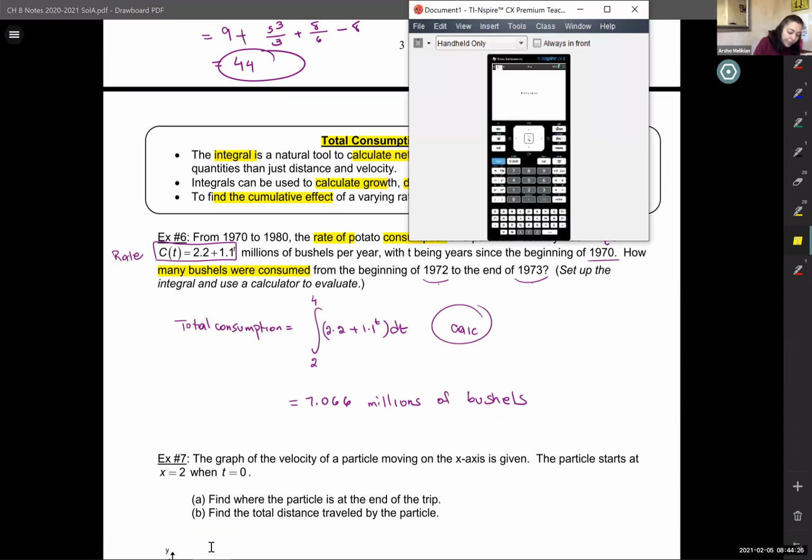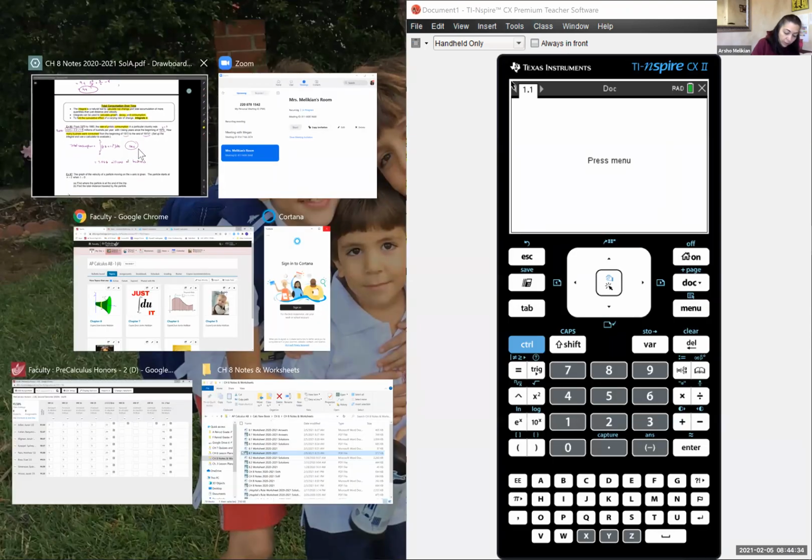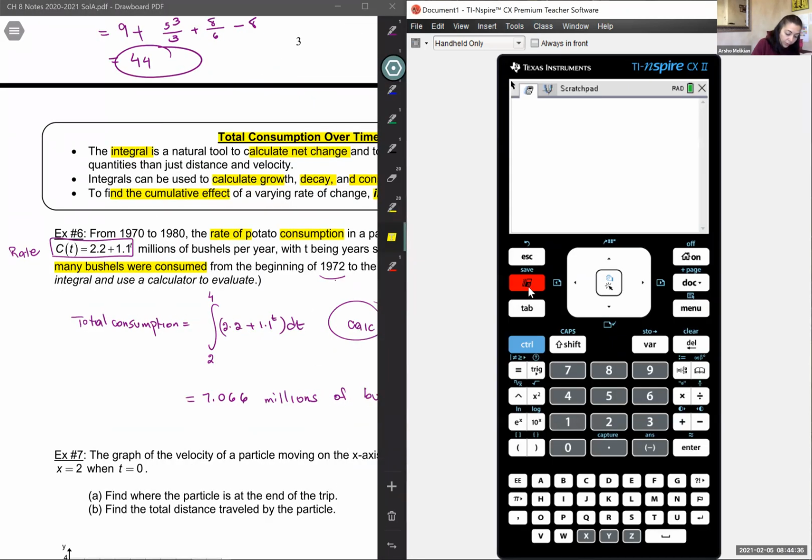And to integrate using your calculator, we would go to the home screen. The easiest way to do it, I think, is if you press the button to the right of the 9, you get this window, and here there's an integral.